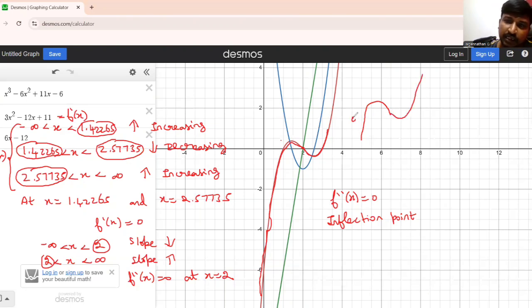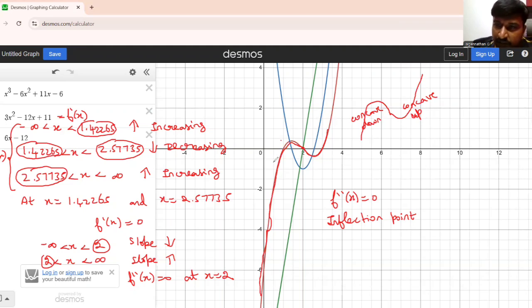So this path until here is called concave down, curve facing downward, and this is called concave up. Where the tangent is placed for a concave down curve and for a concave up curve is what decides it.